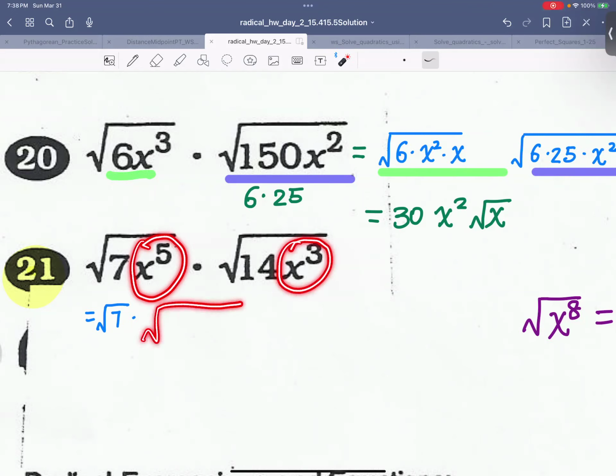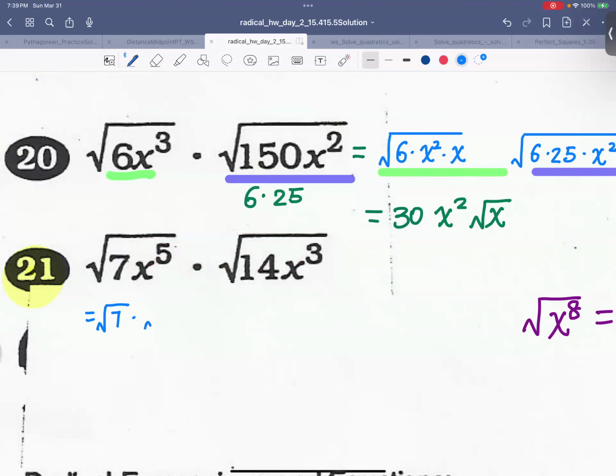So you have square root x to the power what? 5 plus 3 is how much? 5 plus 3 is 8. So you have square root of x to the power 5 plus 3, which is 8.